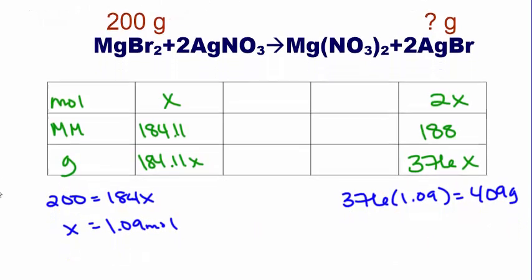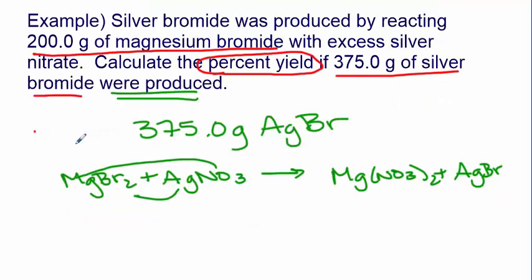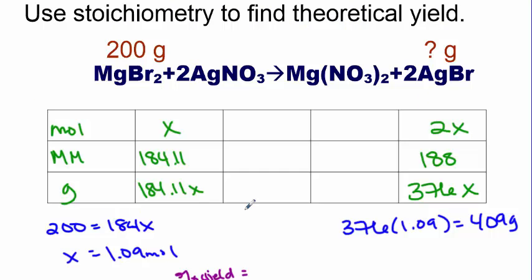Okay, so now I take that theoretical yield and I do my percent yield. Okay, so remember that percent yield is the actual, so that was the amount that they gave to me in the problem, the 375.